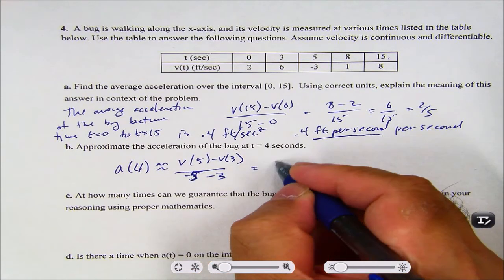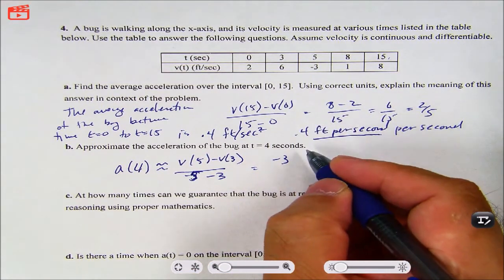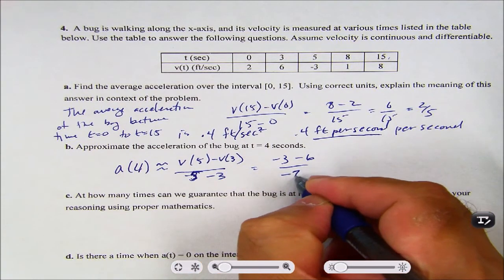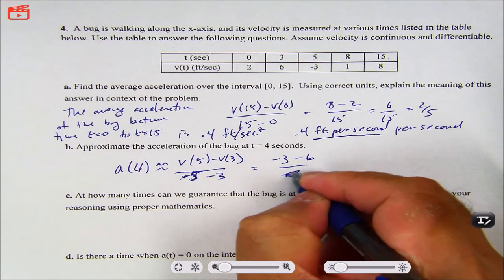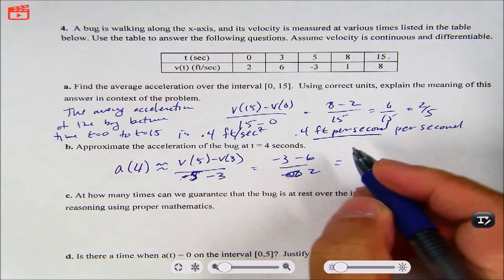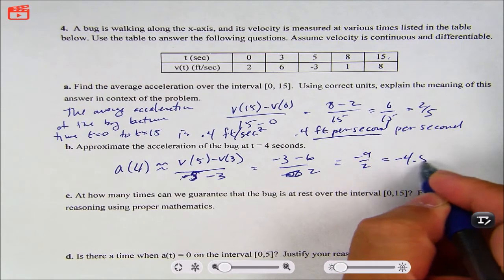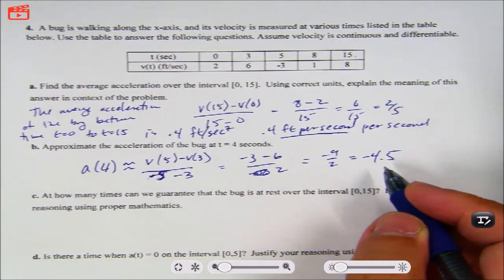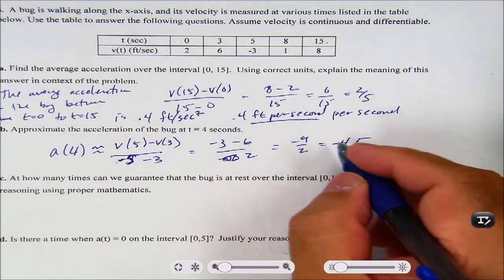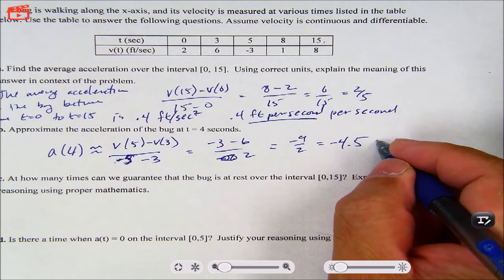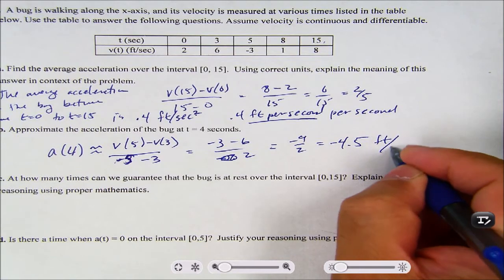So v of 5 is negative 3. V of 3 is 6. So negative 8. Sorry, not negative 8. 5 minus 3 is 2. So that's going to be negative 9 over 2, or negative 4.5. So the approximate acceleration is, in other words, he's slowing down. So it's negative 4.5 feet per second squared.